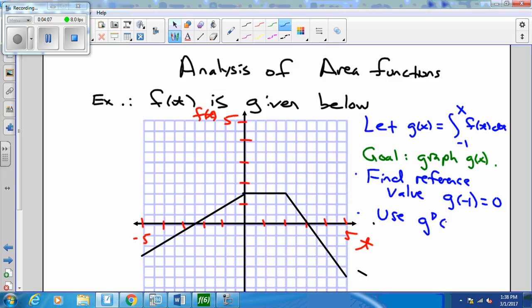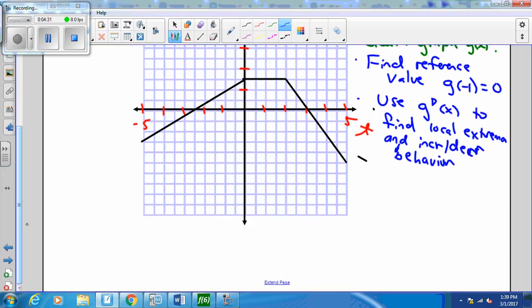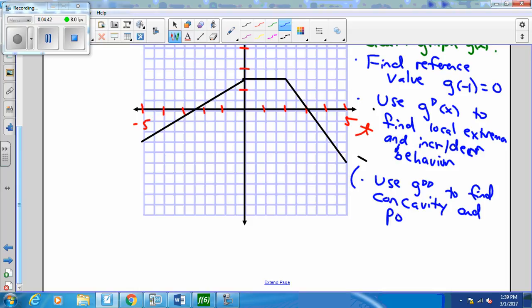Second of all, we're going to use g prime to find local extrema and increasing and decreasing behavior. And then third, and usually optionally, we're going to use g double prime to find concavity and points of inflection.